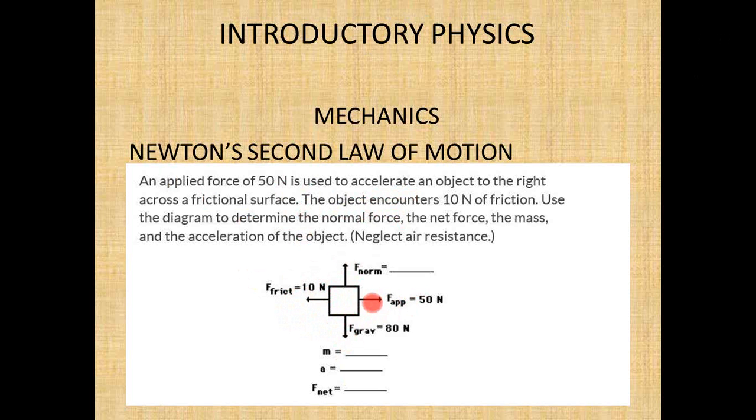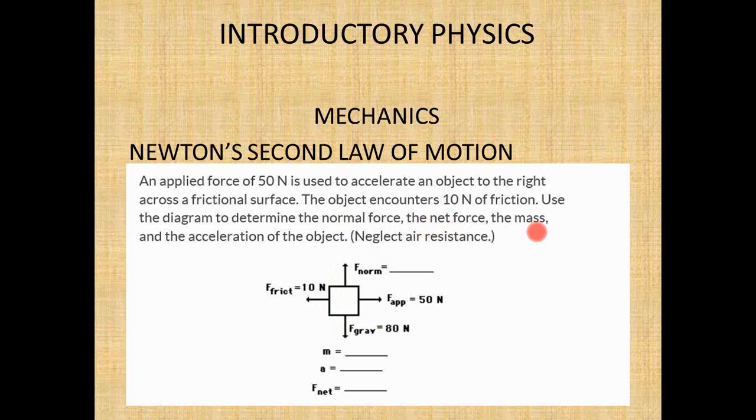Looking at the diagram, the force of gravity downwards is 80 newtons. So we know the normal force is going to be the same thing: 80 newtons, but upwards. It's the same as the force of gravity, but in the opposite direction. The net force is 40 newtons and it's to the right.